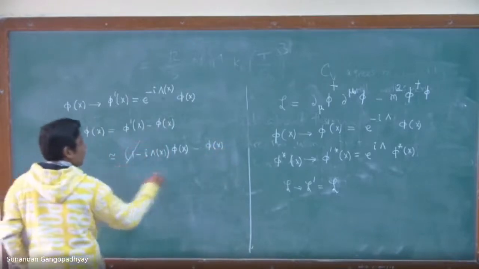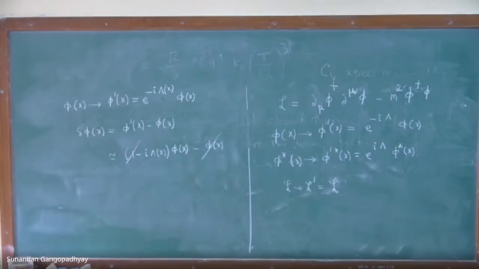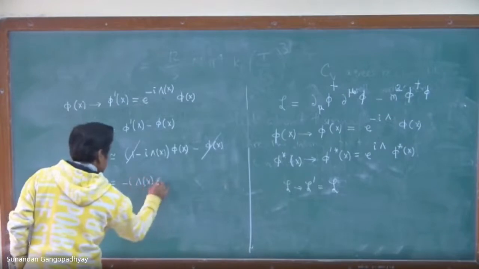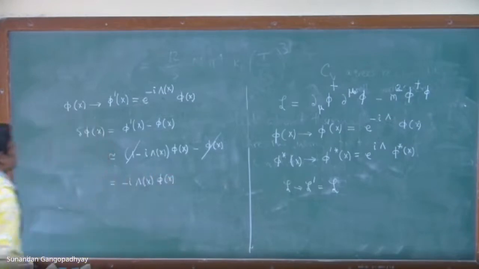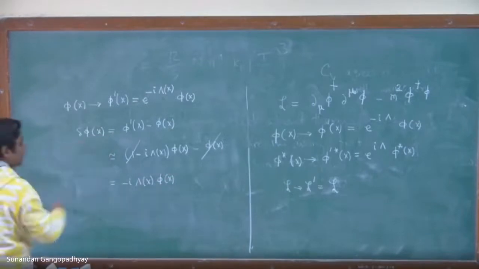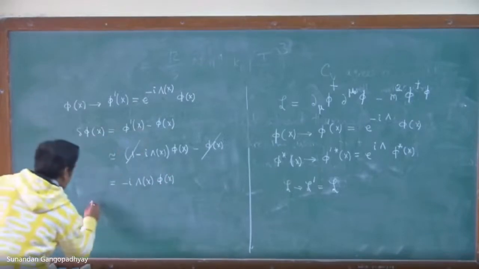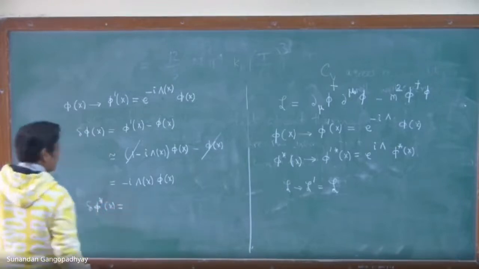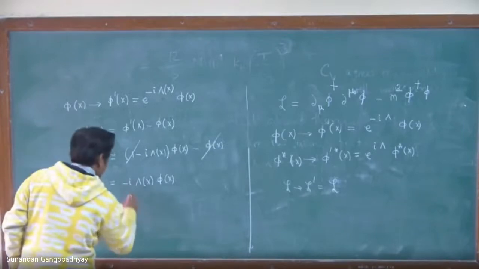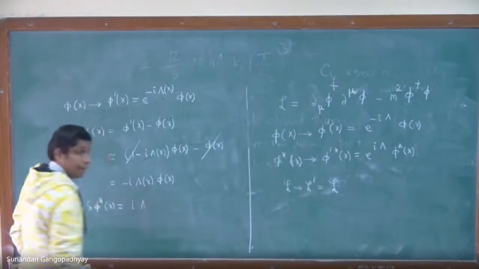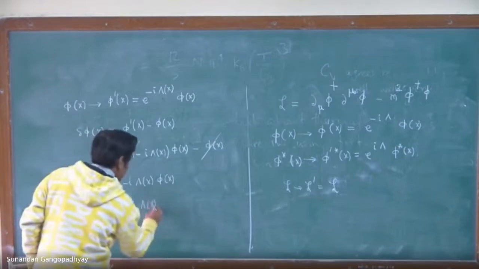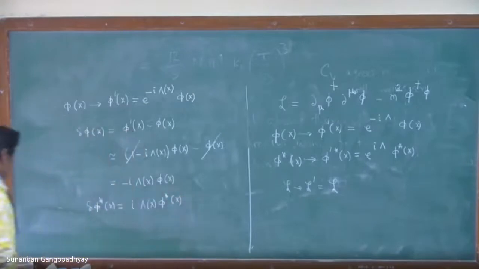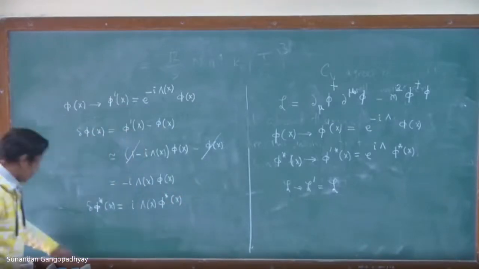And this will cancel, and therefore what we get is minus i lambda of x phi of x. So this is delta phi of x under an infinitesimal transformation. Therefore delta phi star of x under an infinitesimal transformation will be plus i lambda of x, since lambda is real, but phi is not real, so it will be phi star of x.